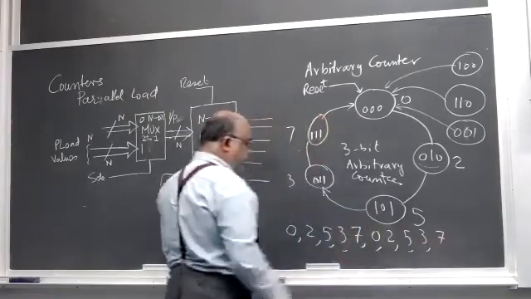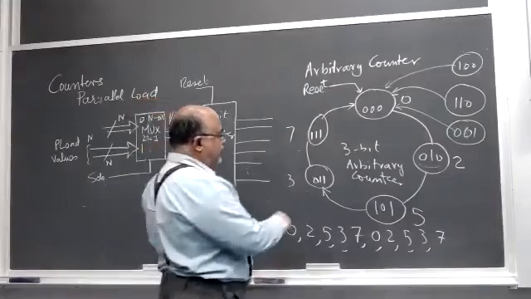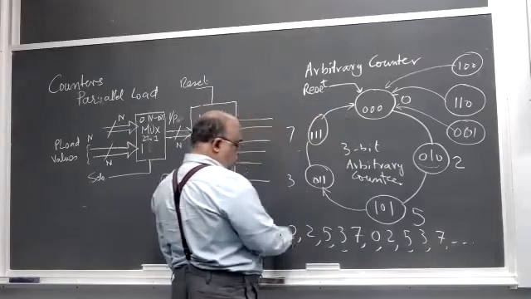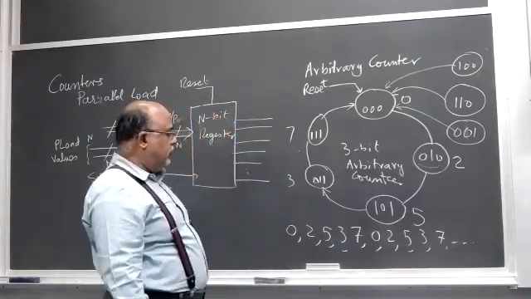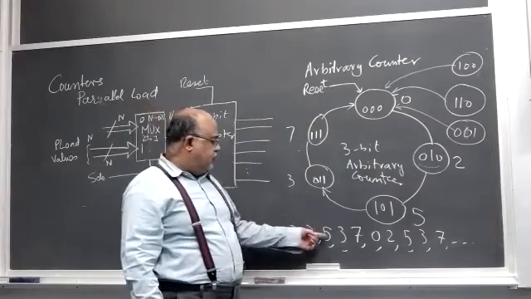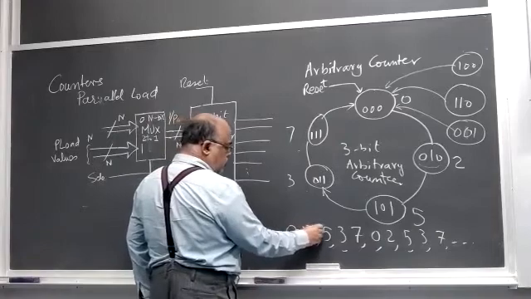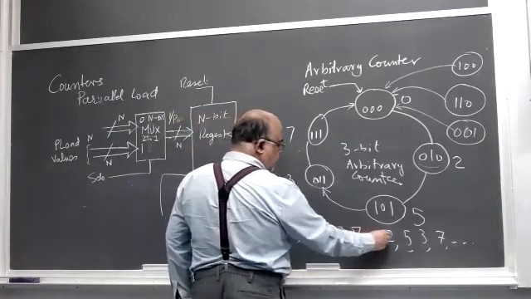So this is an arbitrary counter. No number is repeating in one sequence. Here the comma is the clock pulse: 0, 2, 5, 3, 7. Sometimes it is shown like this also, 0, 2, 5, 3, 7, and so on.